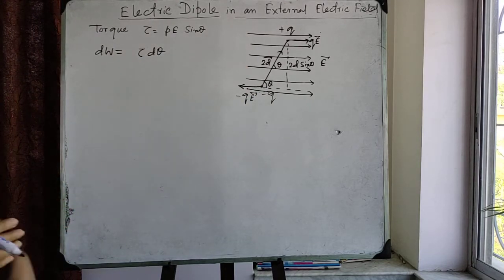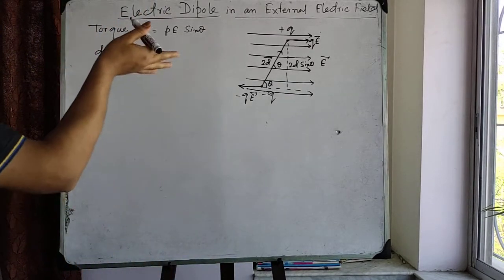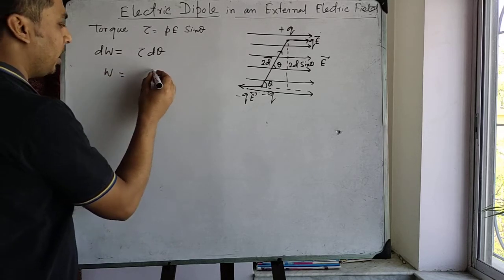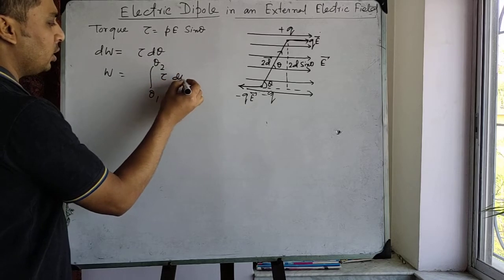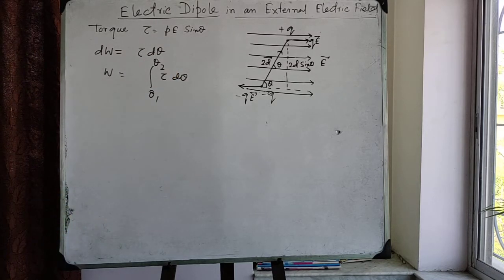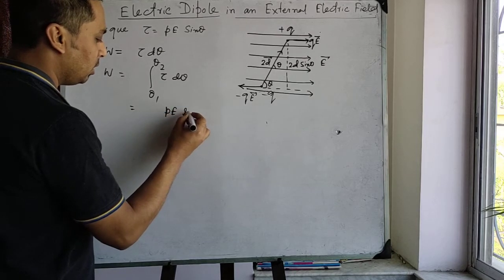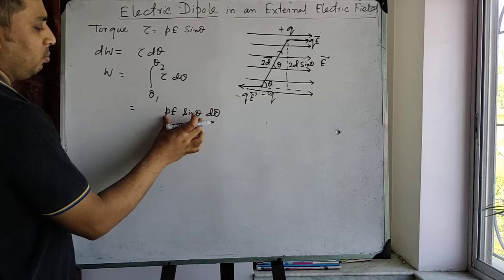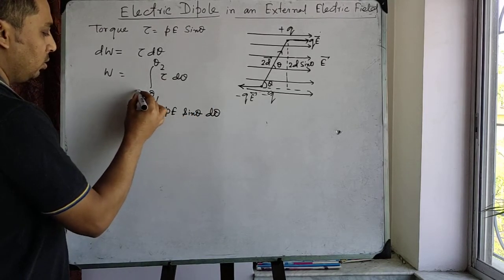Okay, so what will be the work done to rotate the dipole from an angle theta 1 to theta 2? So the total work done is the integration from theta 1 to theta 2 of tau d theta. That is equal to P E sin theta, this is the magnitude of tau, integrated from theta 1 to theta 2.